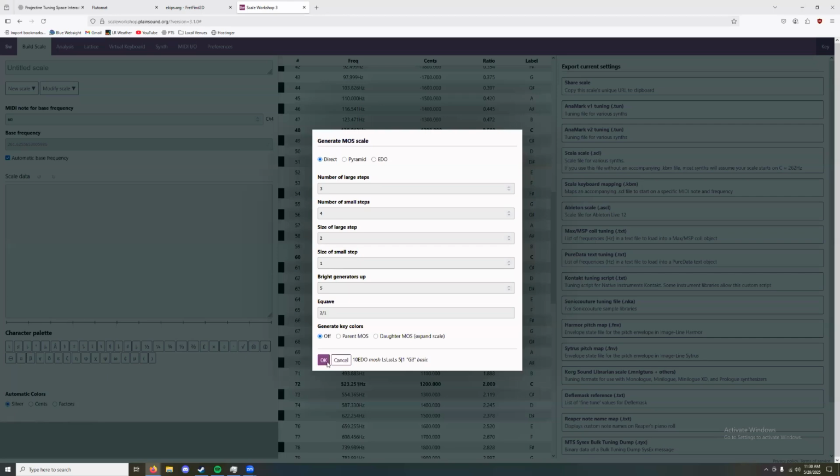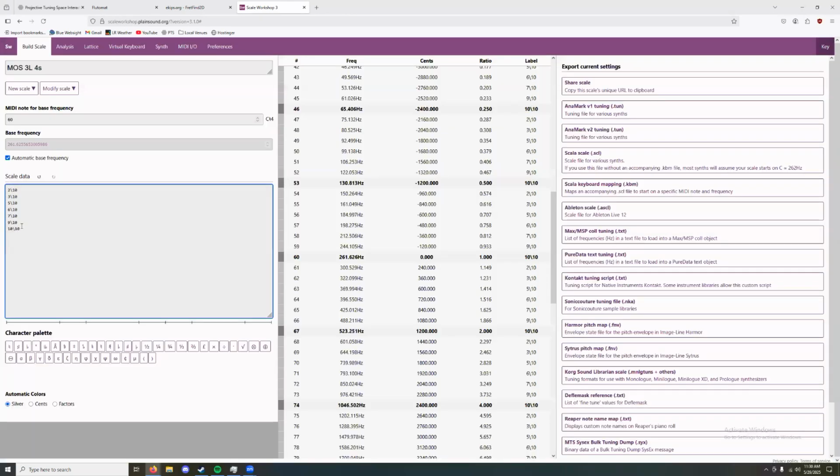That's basically it here. It might be a different mode, but Chris, by the way, is selecting the 3L4S scale, which is the MOS name of the scale we just talked about in 10 tone equal temperament. And generally, actually, this is funny. Some scales, people can't decide what mode they want to play, so they might pick brightest.